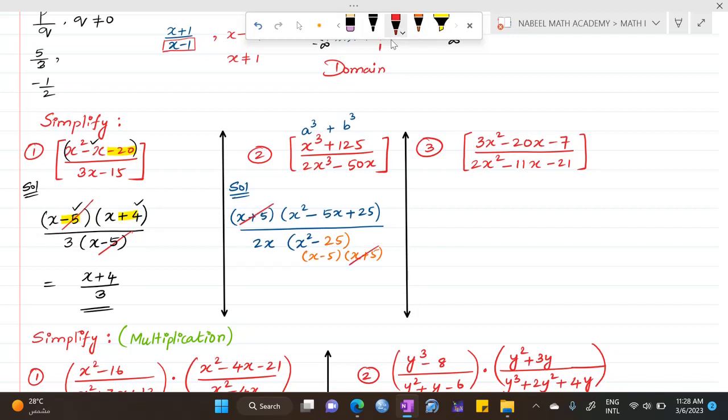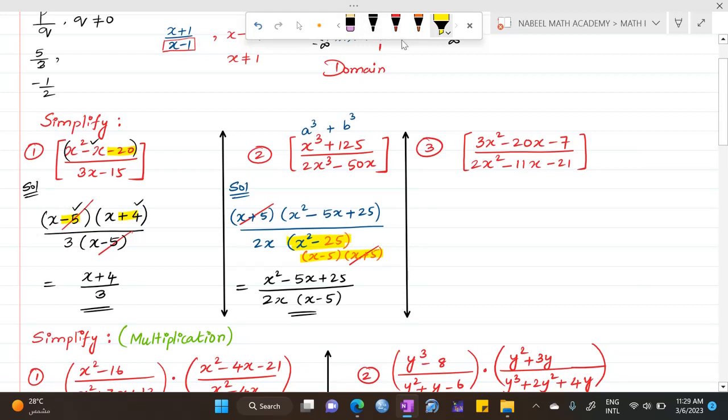The x plus 5 cancels. And the other factor cannot be factorized further, so leave it as it is. Therefore, the remaining terms you will have are x square minus 5x plus 25 over 2x times x minus 5. We are applying the rule for this part, x square minus 25, which is equal to x minus 5 times x plus 5. The remaining term you have to write as it is.